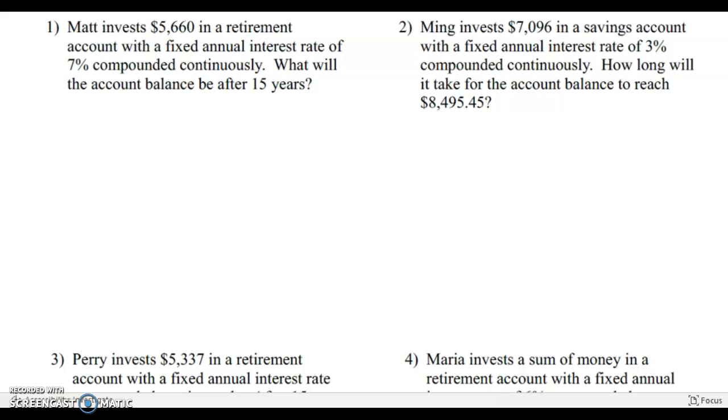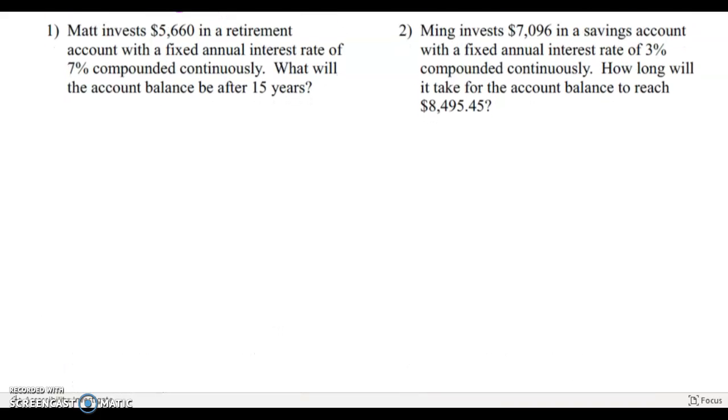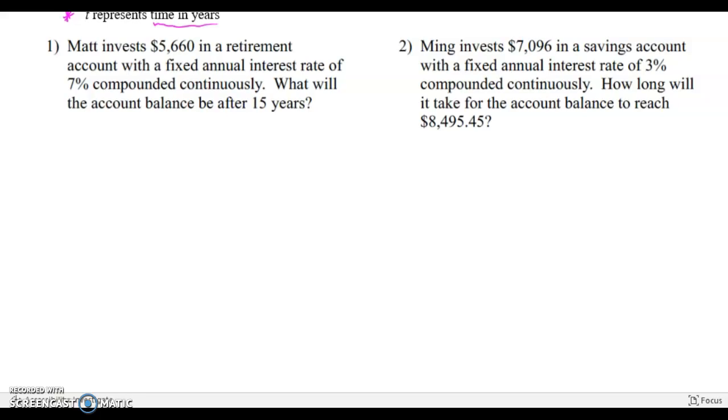Okay, let's check out a couple problems, and I'll go through as quickly as I can. Matt invests $5,660. That's the principal, the original amount of money, in a retirement account with a fixed annual interest rate of 7%. That's r, the interest rate, compounded continuously. That is the PERT formula.